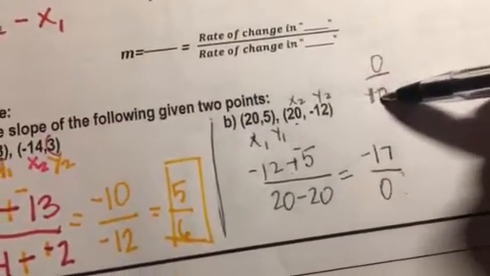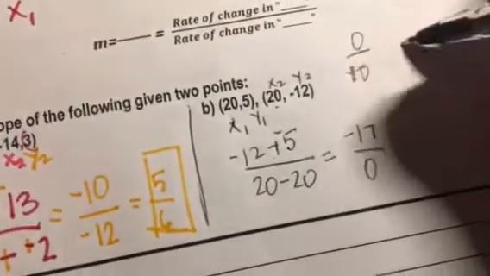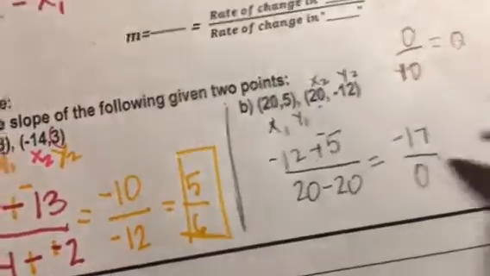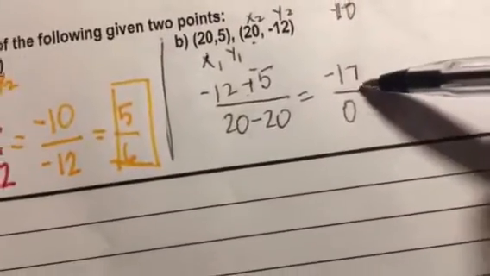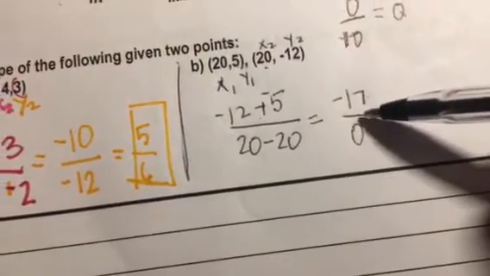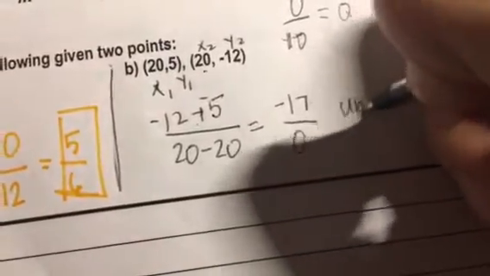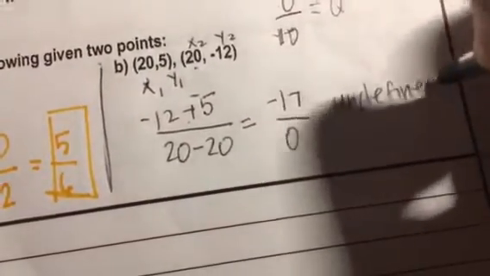So 0 divided by 10, I could do that, right? Because I have $0 to split up, and everyone would just get $0, right? But here is different. You're trying to divide by 0, and you can't ever divide by 0. Whenever you get this, it is an example of an undefined slope.